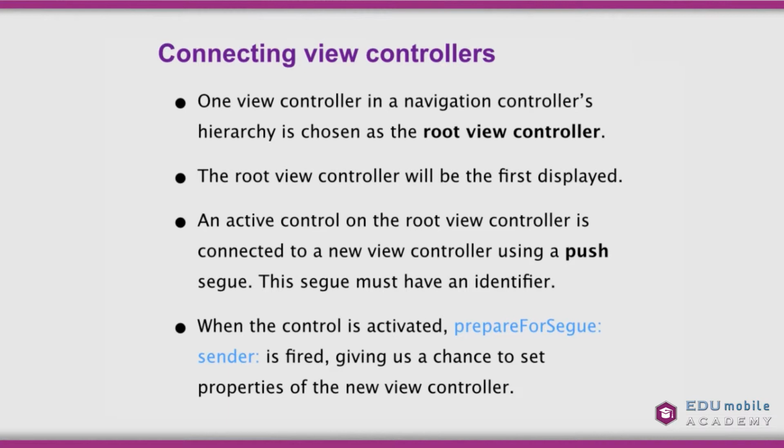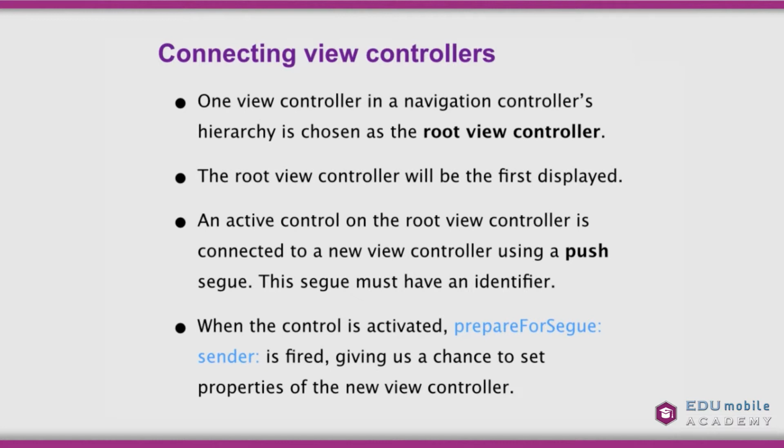This is the controller that will be displayed when that navigation controller is displayed first. So the root view controller is the first view controller in that navigation controller's stack. The view controllers for a navigation controller are really just an array, but represented as a stack of view controllers.